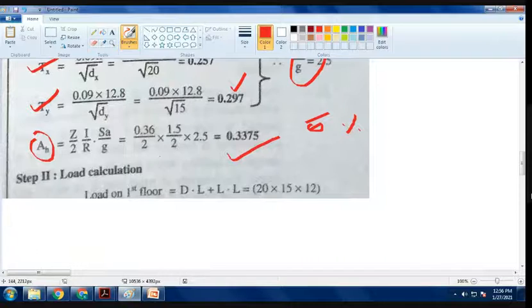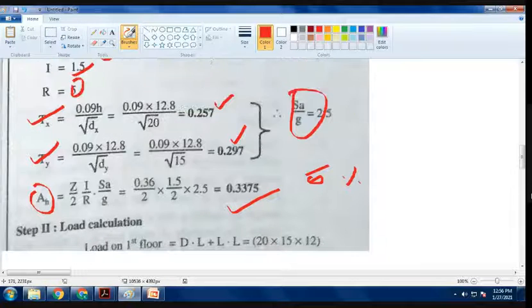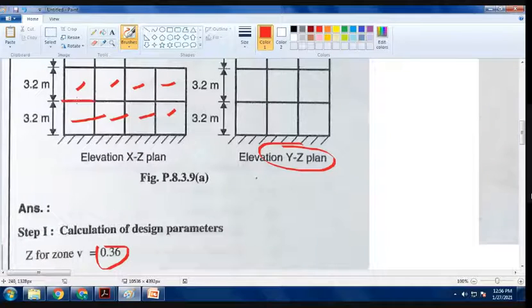Then we need load calculation. See, load calculation on the first floor, dead load plus live load. What is the area? The area is most important. You have to see in both directions, XZ direction and YZ direction. Here it is 5 meter, 5 meter, 5 meter, 5 meter.